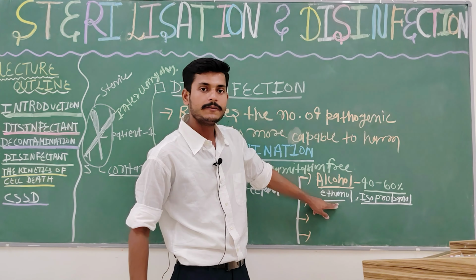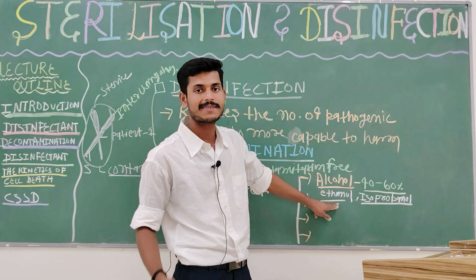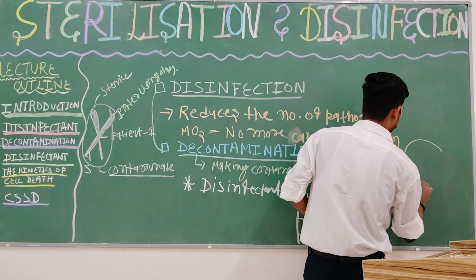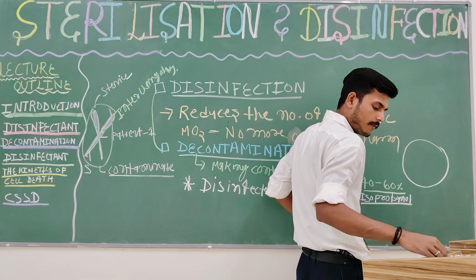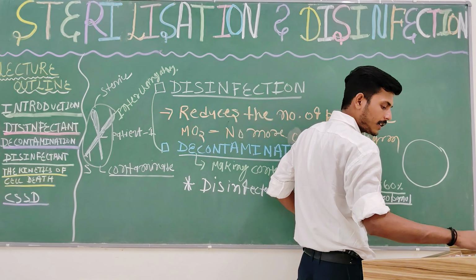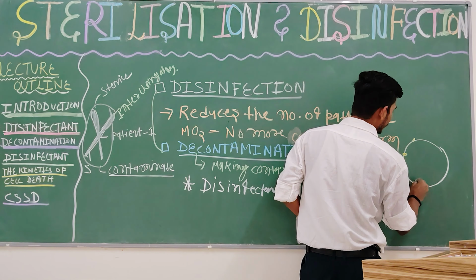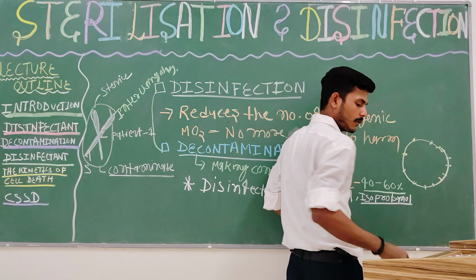They bind with the enveloped portion of bacteria as well as the virus. You know that bacteria possess the cell wall. So basically, the molecules of alcohol bind with the cell wall and make the cell wall porous. Now what happens?